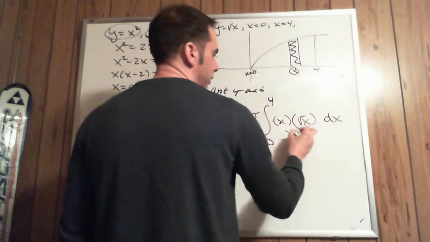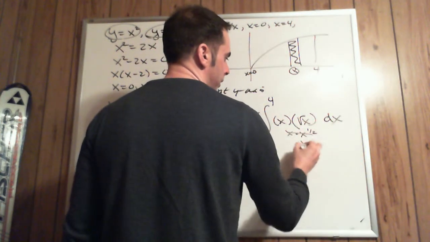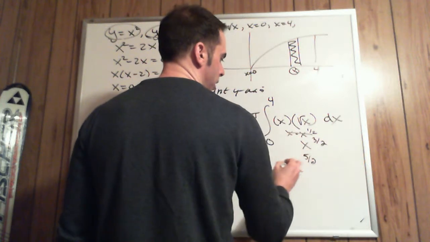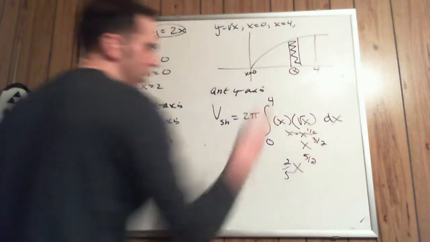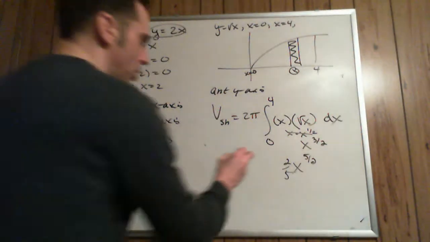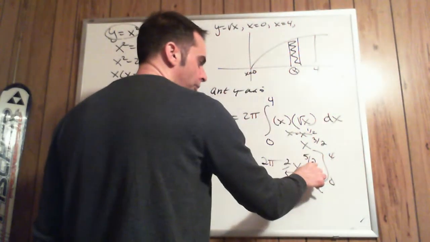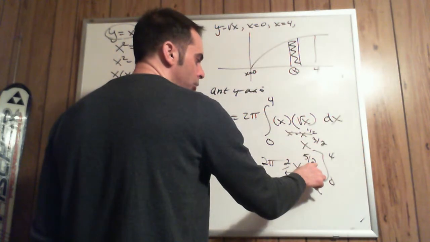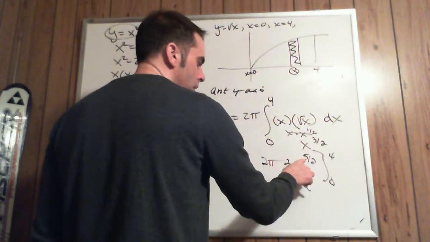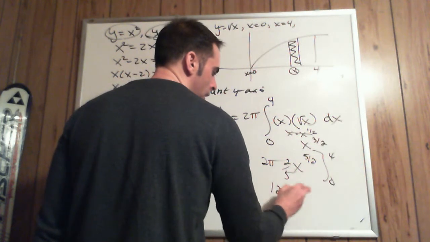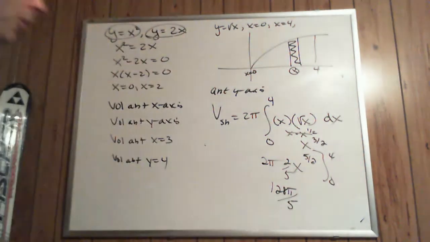And this is x times x to the 1/2, which would be x to the 3/2. That antiderivative would be x to the 5/2 times 2/5 from 0 to 4 times 2 pi. And don't forget, when you put the 4 in, it's the square root of 4, which is 2. 2 to the 5th is 32. Times 2 is 64. Double it would be 128 pi over 5. That would be that volume.